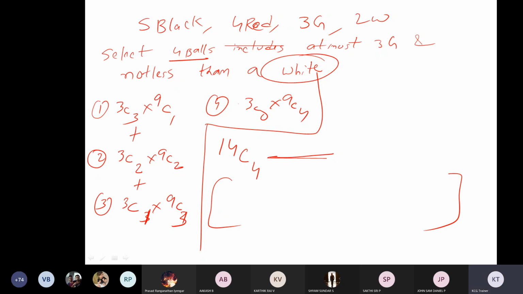No, see, don't think for too much time. It's very simple. Normally, they told not to consider white.